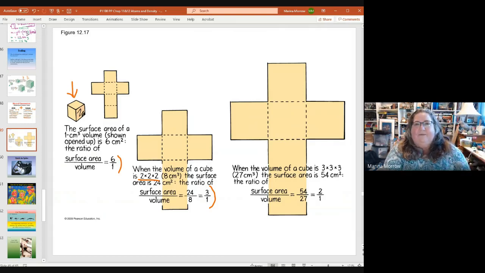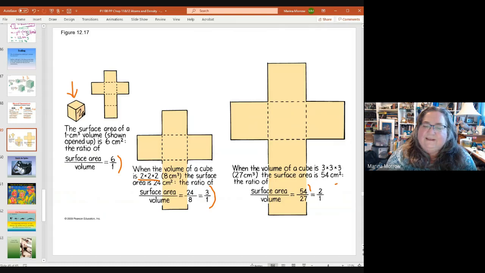So what does that mean? Well, the smaller object had more surface area. That's more places where heat could be radiated, if you're thinking of an animal, or a building. That is also where oxygen could come in, right? So the smaller it is, then you've got a better ratio. And then we've got our object getting even larger, 3 by 3 by 3. And now the surface area is 54.